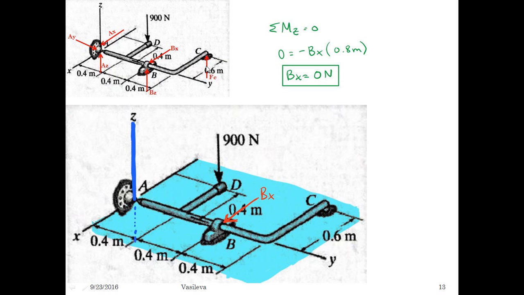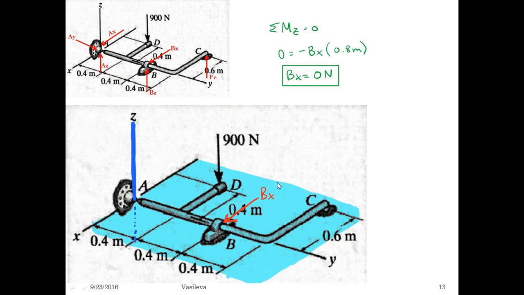So the only force that causes a moment about the z-axis is bx because it is perpendicular to the axis. So if we look at this, and once again, imagine that z is like this hinge, right? And we have this plane once again.